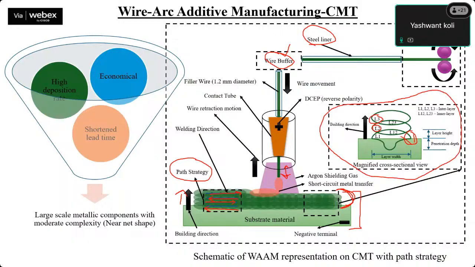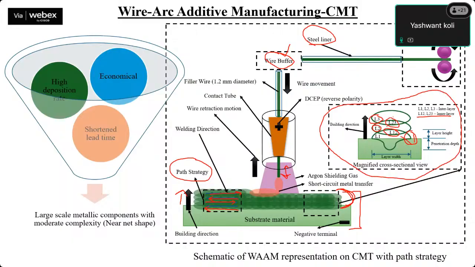As the layers increase, in between the two layers there is the inner layer L12, and between layers 2 and 3 there is L23. So L1, L2, and L3 are the normal layers, and in between them there is one layer forming as inner layers. So L12 and L23 are the inner layers.